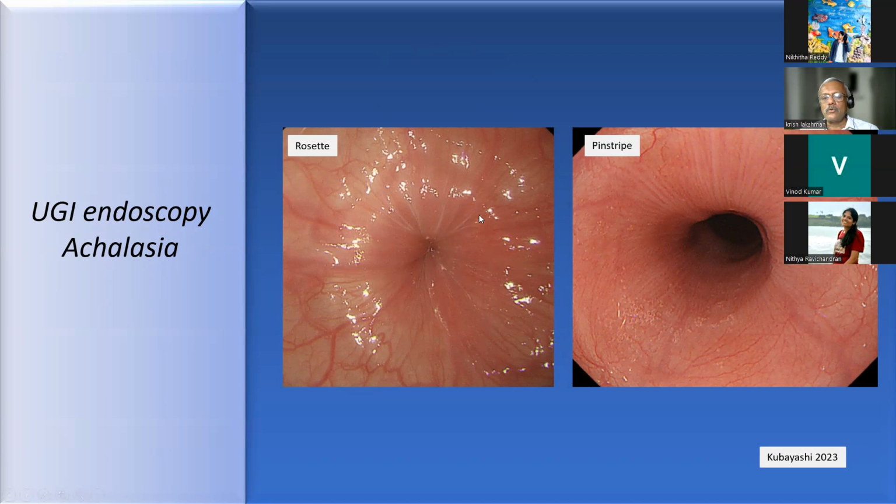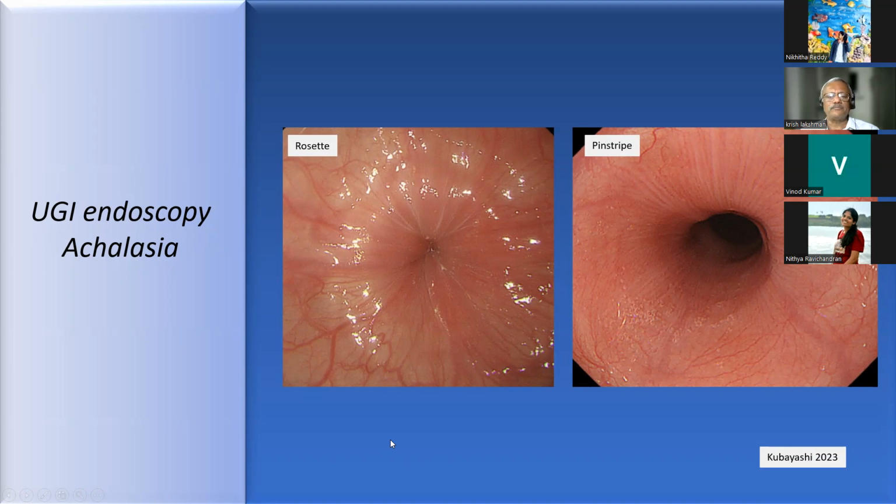If it is deeper, it is called a rosette. If you have only a thin line coming without much of a depression in those lines, it's called a pinstripe. These are the ones that you normally see. There are two or three more things that are described but not very evident. These two are pretty evident, and you clinically see them reasonably often.